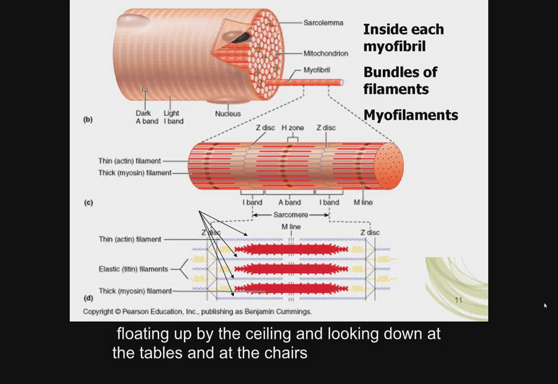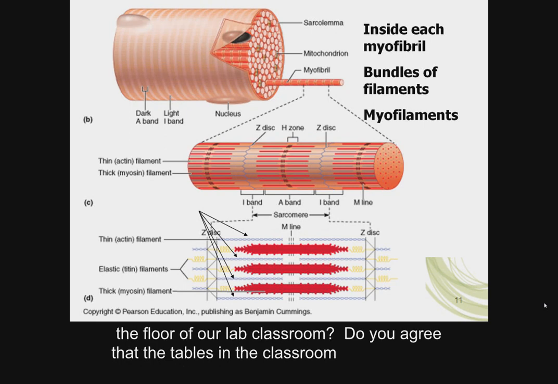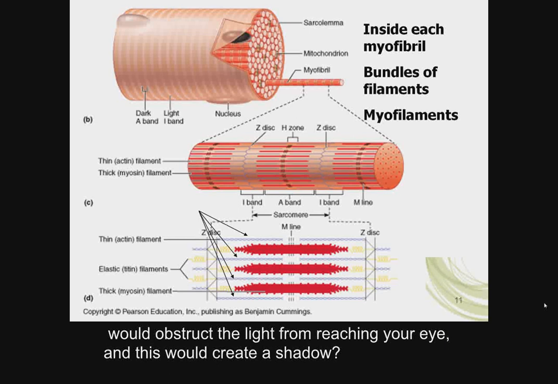I want you to pretend that you are in your lab classroom, and I want you to pretend that you are floating up by the ceiling and looking down at the tables and at the chairs staggered in between your lab tables. What if there was a giant light shining through the floor of our lab classroom?